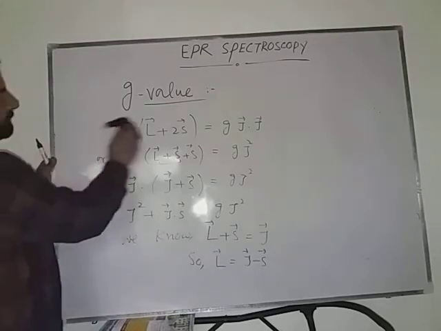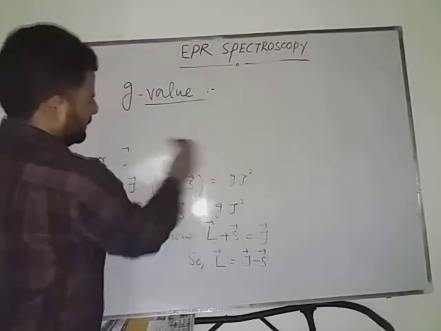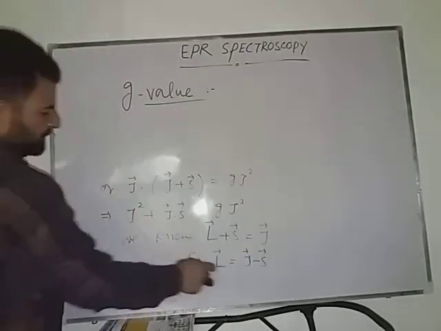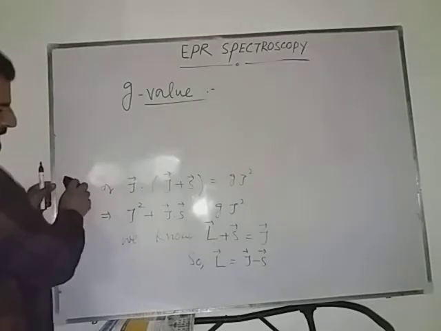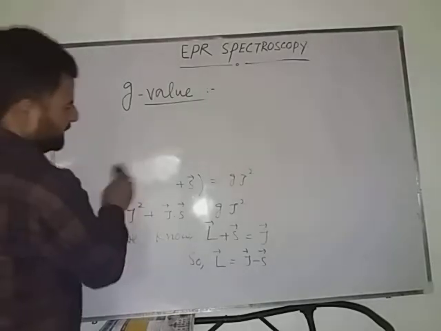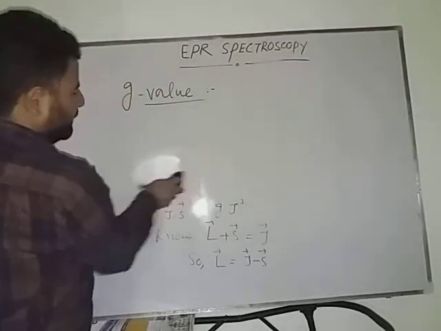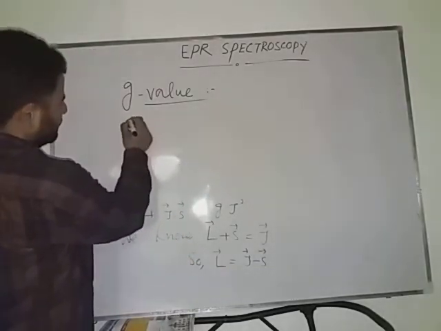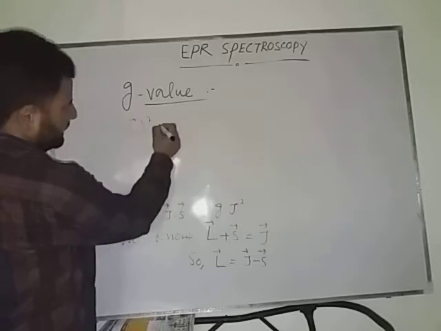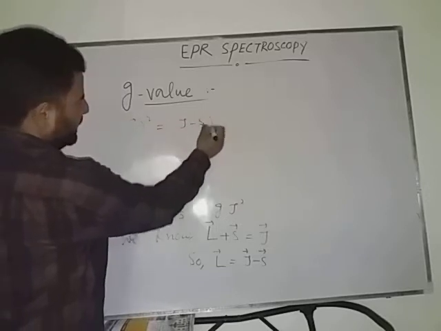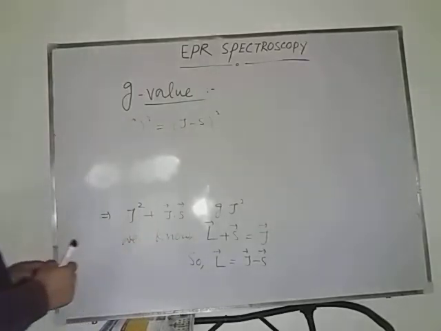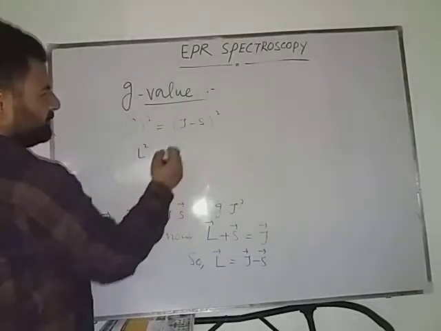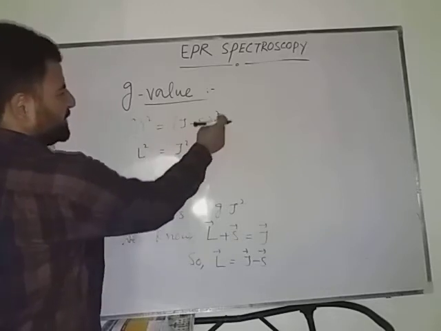From this equation we can say L is equal to J minus S. We will take the square of it. L square is equal to J minus S whole square. This will be L square is equal to J square plus S square minus 2 J dot S, because it is A minus B whole square.